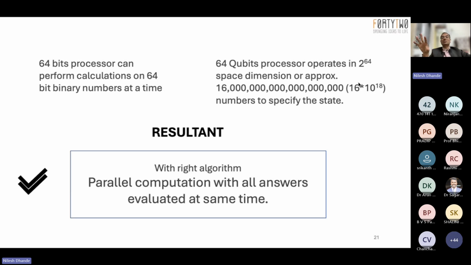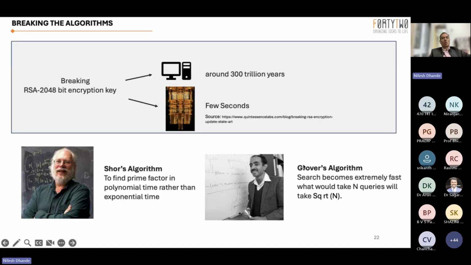All possible combinations of the bits are available within quantum computing because of the quantum mechanics involved. I am not going into the details of quantum mechanics today, but this is easier to understand that way. You have an exponential power of quantum computing at your disposal to do parallel computation.